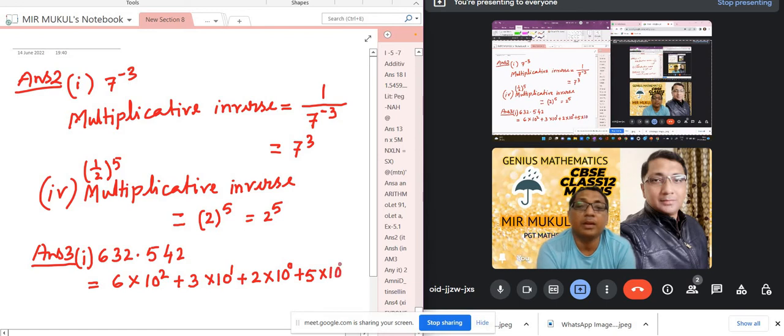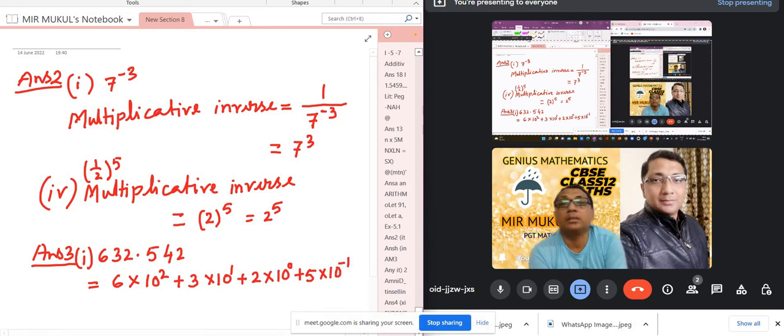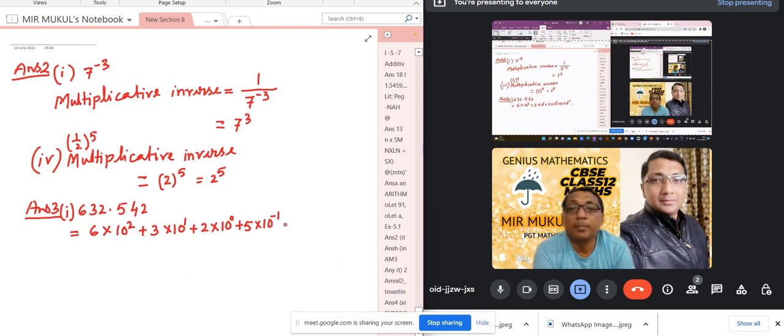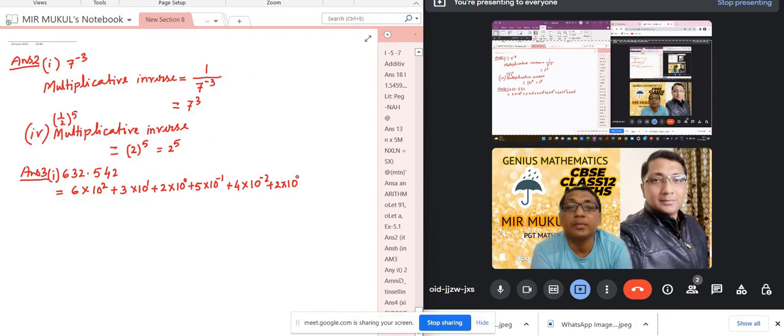So 10 to the power minus 1, right? Plus 4 into 10 to the power minus 2 plus 2 into 10 to the power minus 3. I hope you understood.